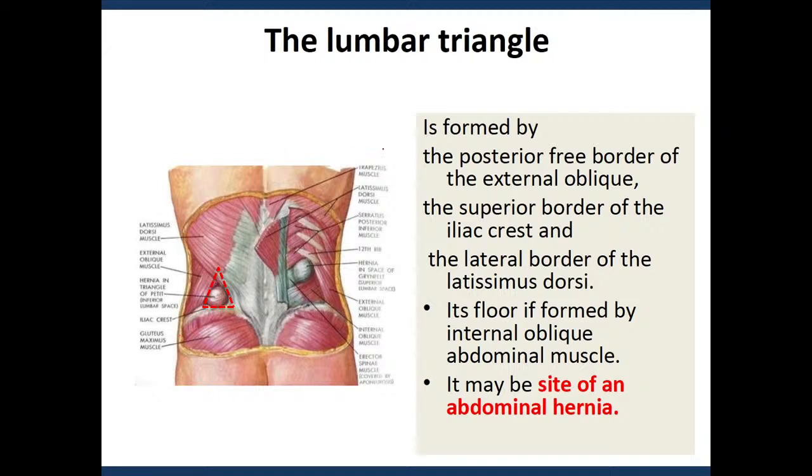It is interesting to see the point or regio where a doctor, the surgeon, sometimes finds hernia. This is where part of the abdominal organs comes out from a gap between muscles, and this regio we call the lumbar triangle.